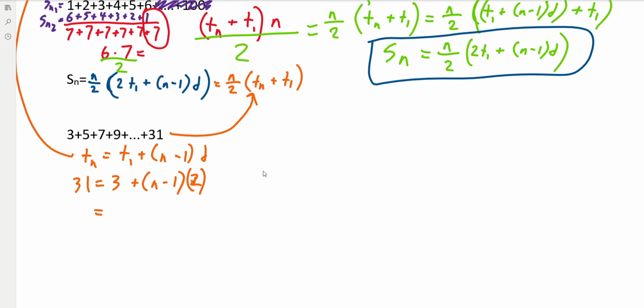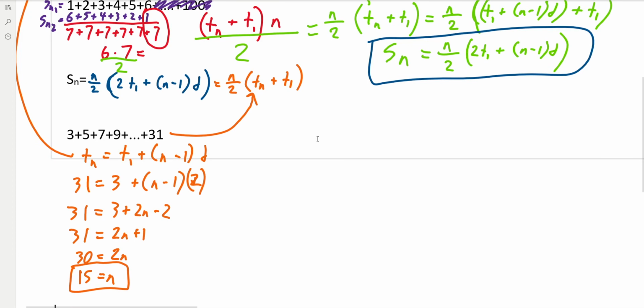Now we get 3 plus 2n minus 2, have 31 over here. We can get 2n plus 1, and 30 equals 2n. And so now we can say 15 is our nth value.